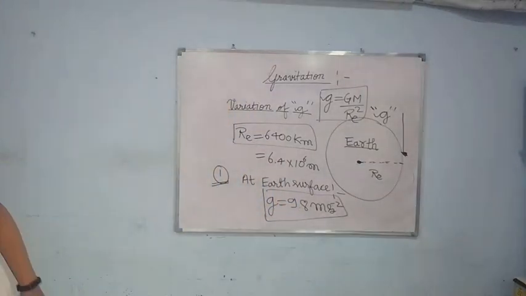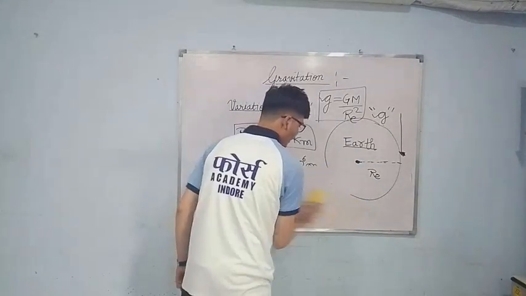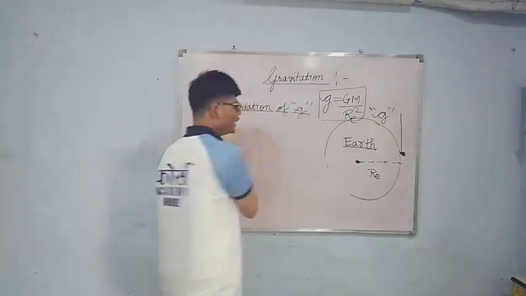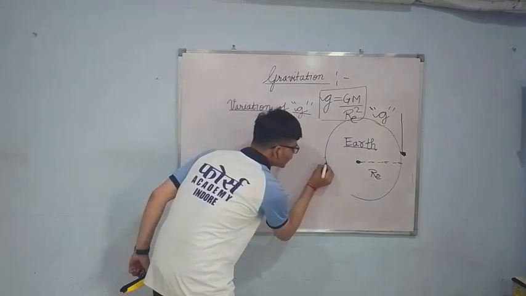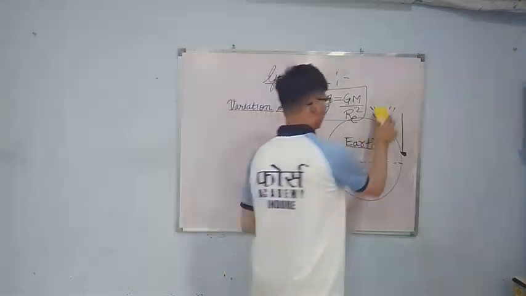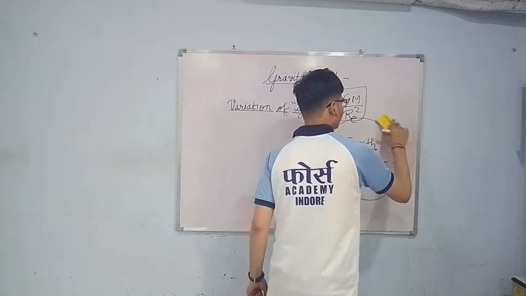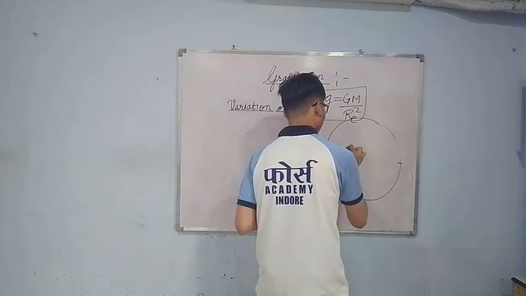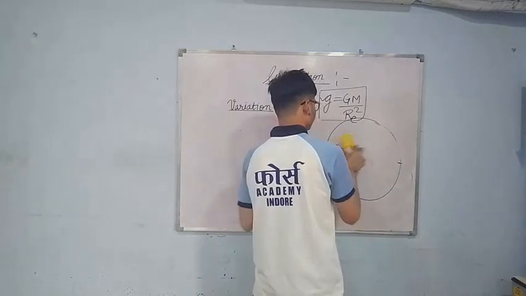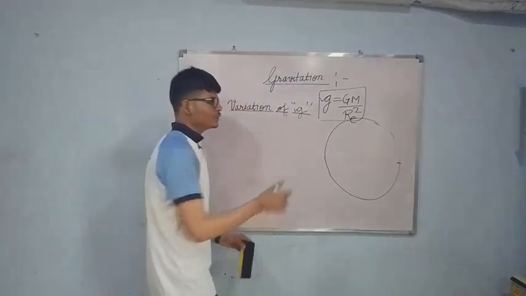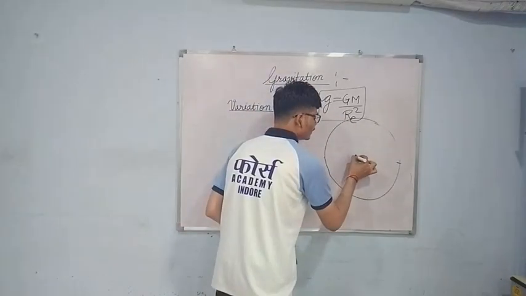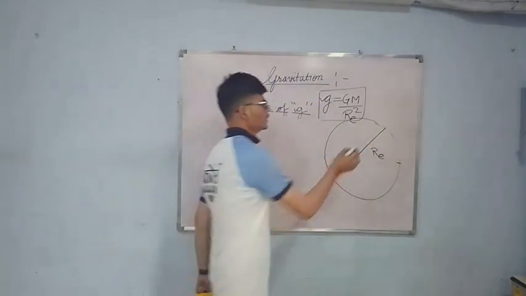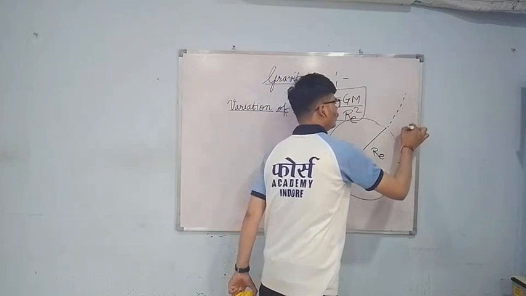What actually does it mean? When an object is taken up to h height above the earth's surface, the effective distance will be calculated as the radius of earth R_e plus the height of the object.